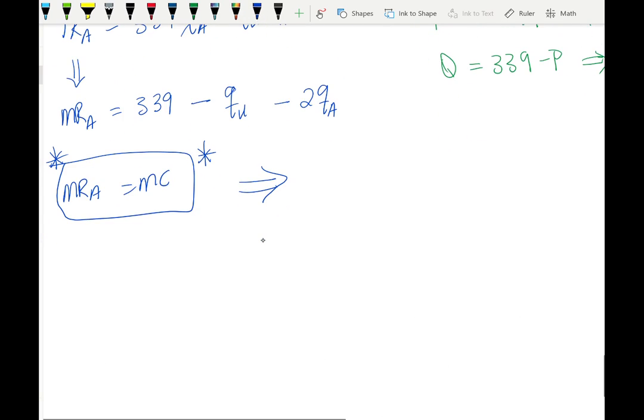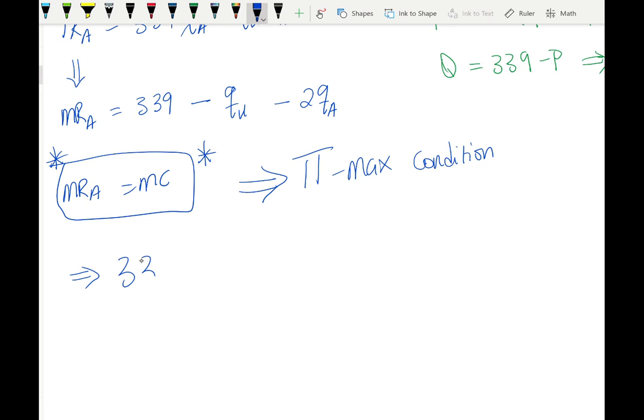This is our profit max condition. So we're going to have 339 minus QU minus QA is equal to 147.